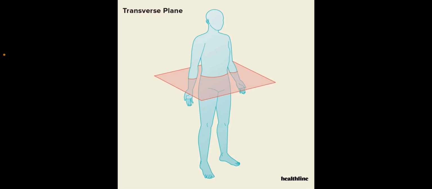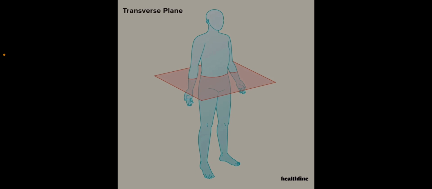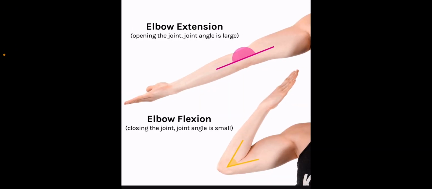are common anatomical movements. So the first one is flexion versus extension. So as you can see with this example here, the elbow, the flexion decreases the joint angle.